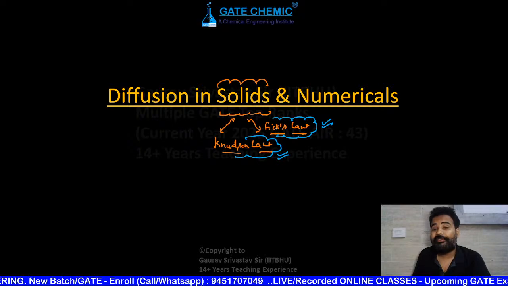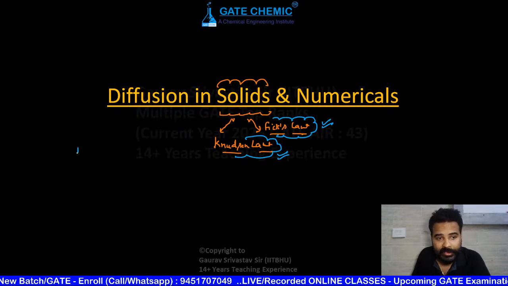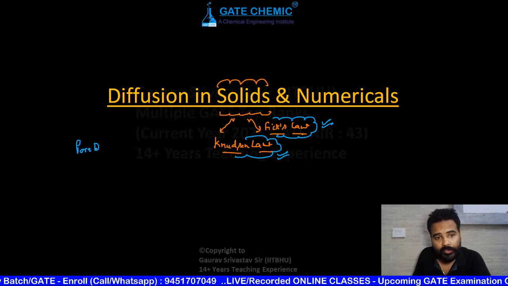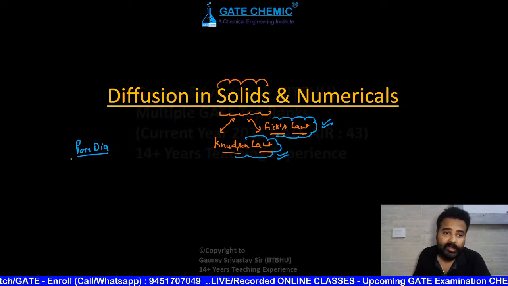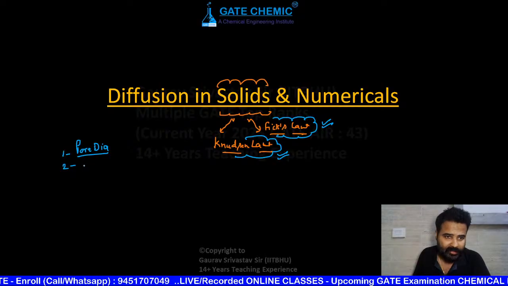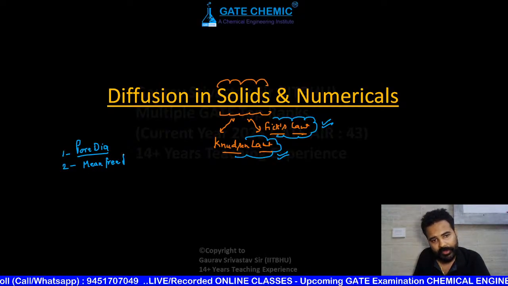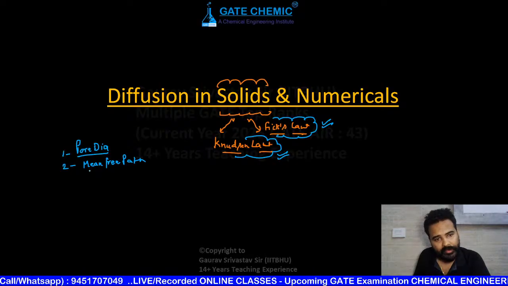Now, how to differentiate when to use Fick's law or when to use Knudsen law? Two terms will be there. One is pore diameter, and the second thing is mean free path.